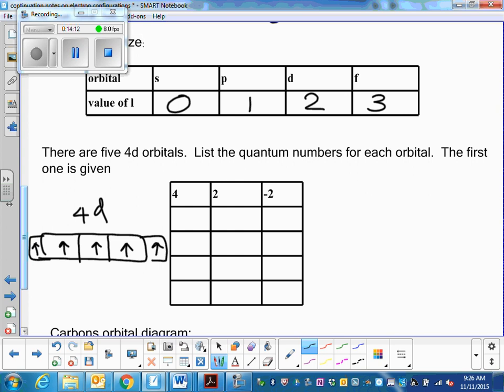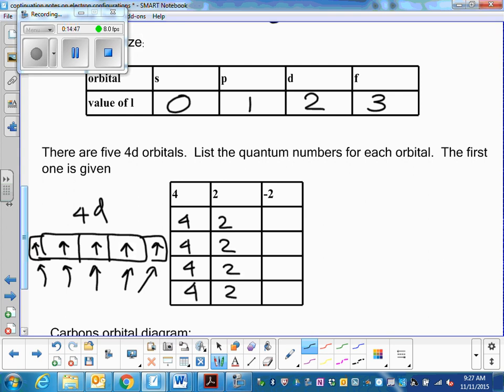You can have more, but there are those 5 electrons in the 4d orbital. For each of these electrons, what are your quantum numbers? They all reside in energy level 4. All of them will have the principal quantum number n equal to 4. They are in the d orbital. So what will the value of L be? 2.